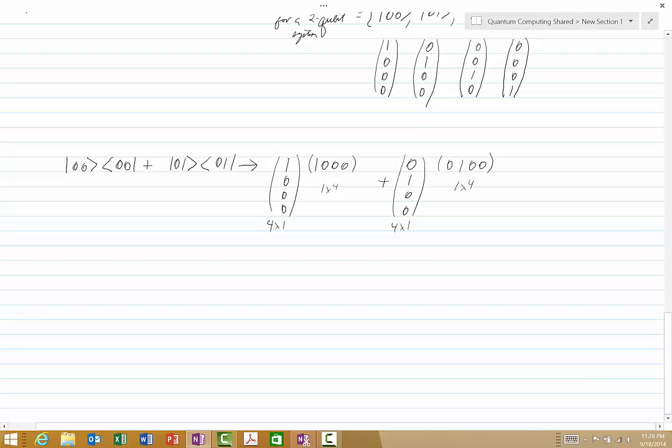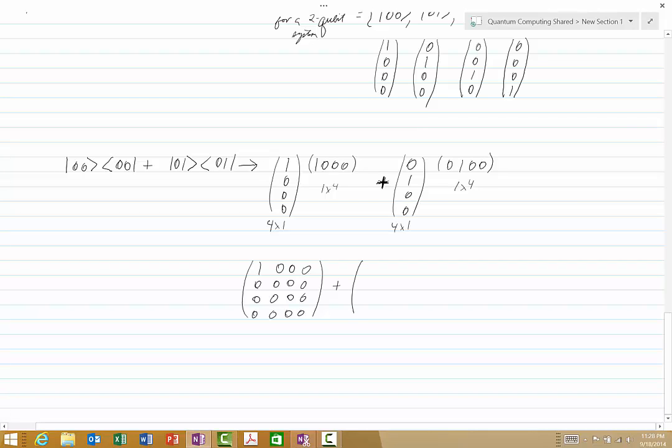So the dimensions all work out to be correct, and we expect to get 2 4 by 4 matrices, which we will then add together, since this is an addition sign, to get finally 1 4 by 4 matrix. So let's see how this goes. Well, the first one will be 1, 0, 0, 0 in the first row, and zeros everywhere else.